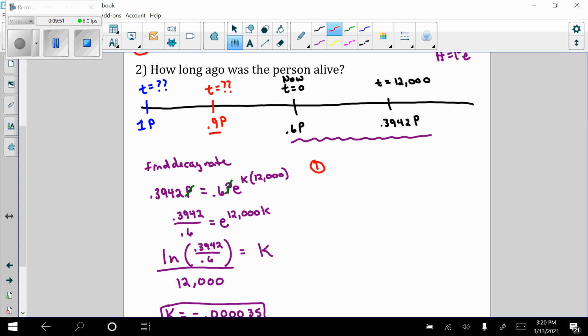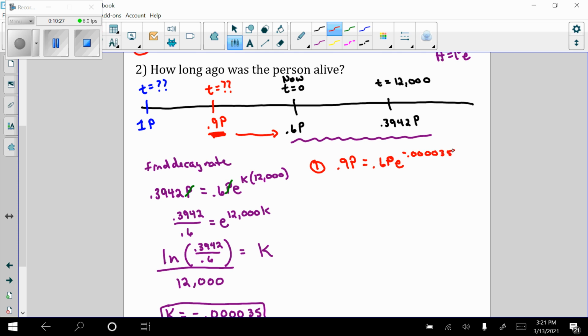was where I wanted to figure out the 0.9 P. Okay, so remember, if I go from 0.9 to 0.6, it's decaying. So my K is negative. So I'm going to go in that direction because it makes more sense. So I'm going to go 0.9p for my percent remaining equals 0.6p E. My K is equal to negative 0.000035.